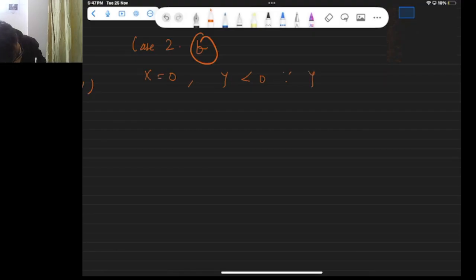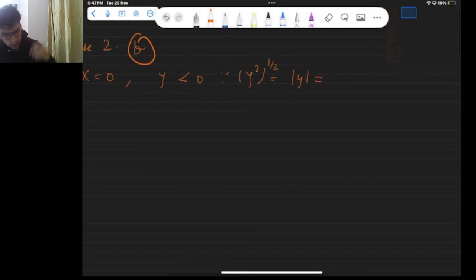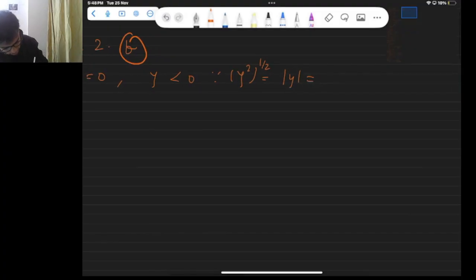Therefore the root of y square is mod of y, and now y is negative, and mod of y ensures that the value will always be positive. So I'll be introducing a negative sign outside of y. This will become negative y, right?